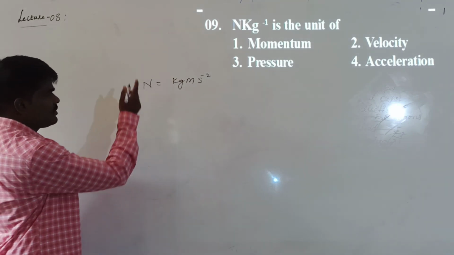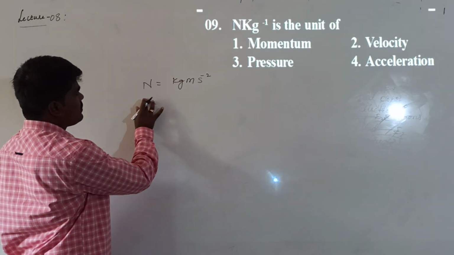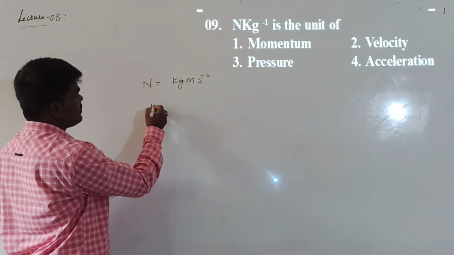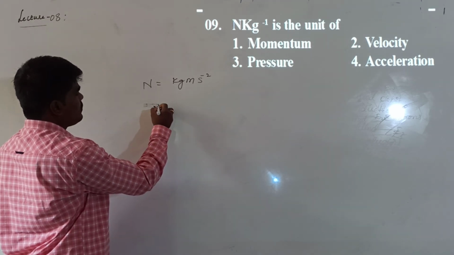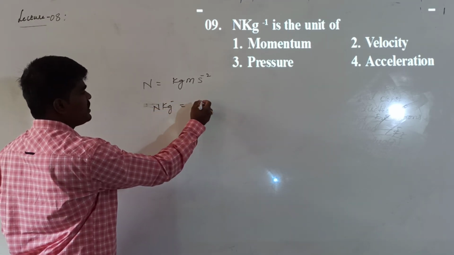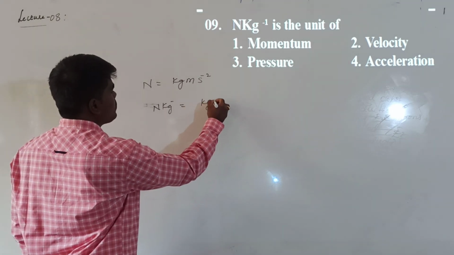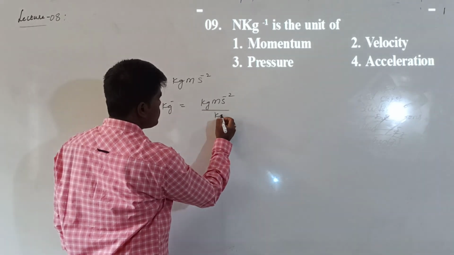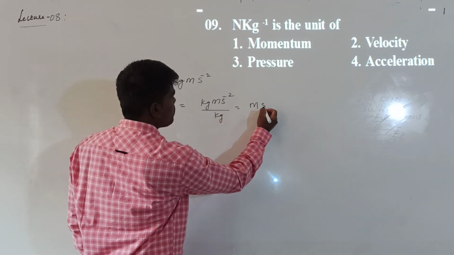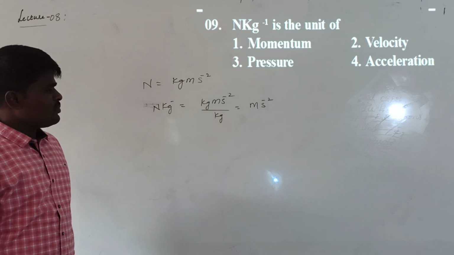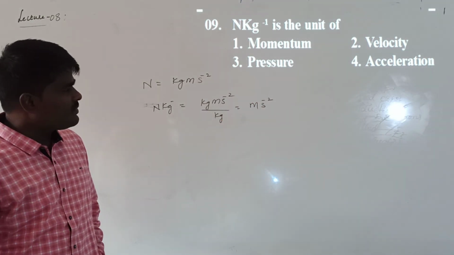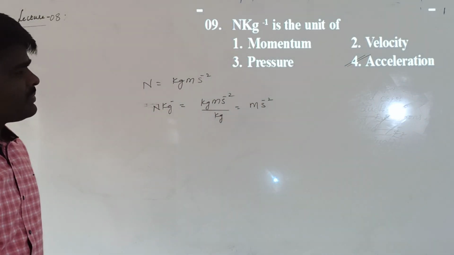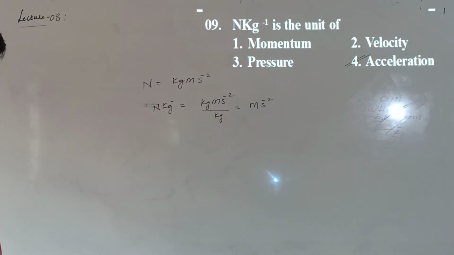From this, Newton per kg can be written as kg meter per second square per kg, which comes to be what? Meter per second square. This meter per second square is the unit of what? Acceleration. The unit of acceleration is meter per second square.